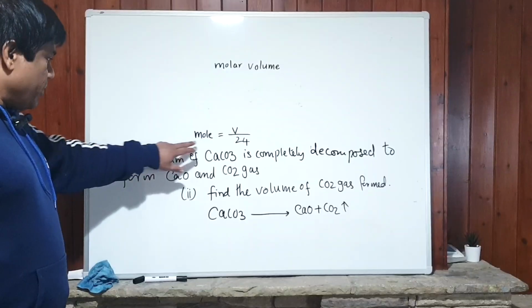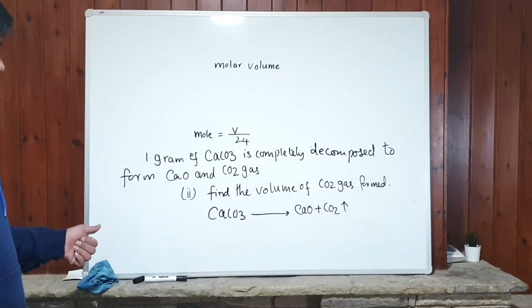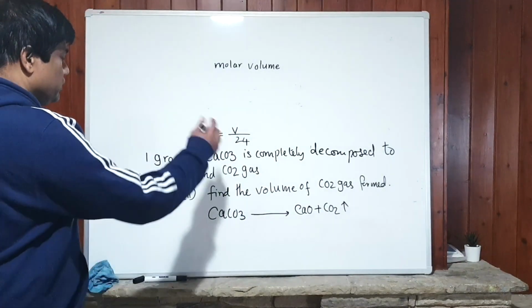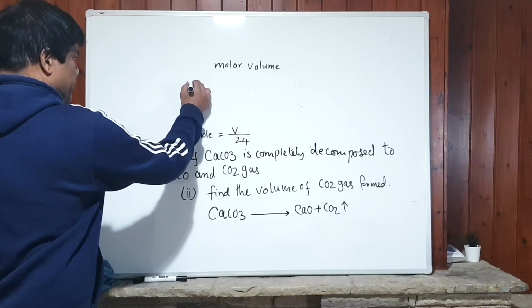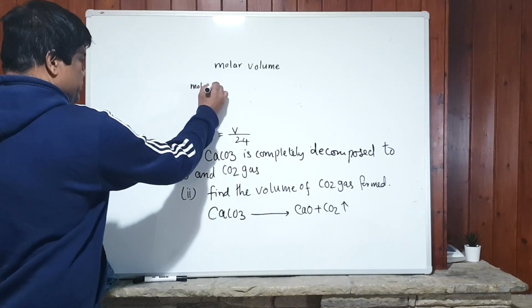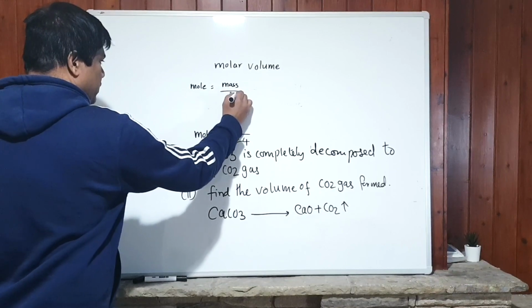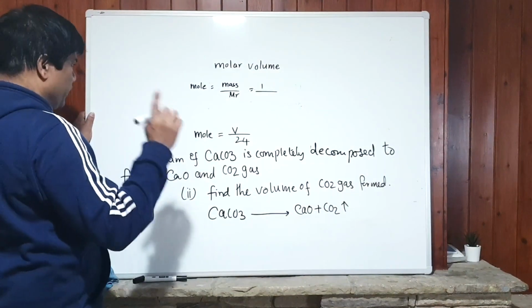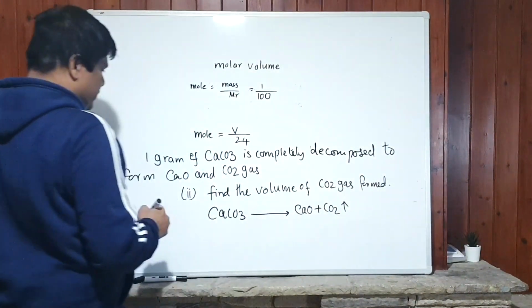See that 1 gram of calcium carbonate is given in the question, and we have to work out the volume of the carbon dioxide gas formed. Use the formula to work out the moles of calcium carbonate. Mole equals mass over its Mr. Mass is given as 1, and I don't want to waste your time. We know the Mr of calcium carbonate is 100.